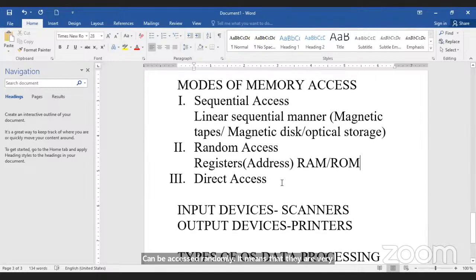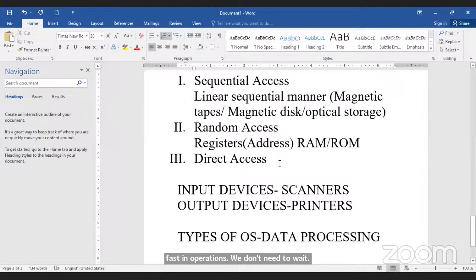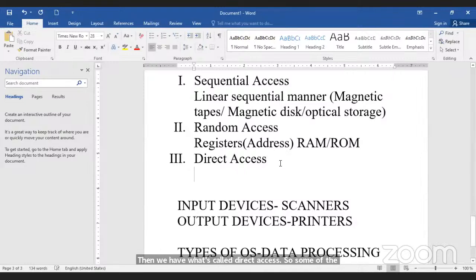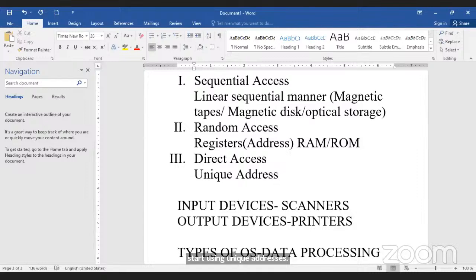Then we have what's called direct access. Sometimes we confuse random access and direct access. When it comes to direct access, data is stored using unique addresses. Like most of you have a phone number.